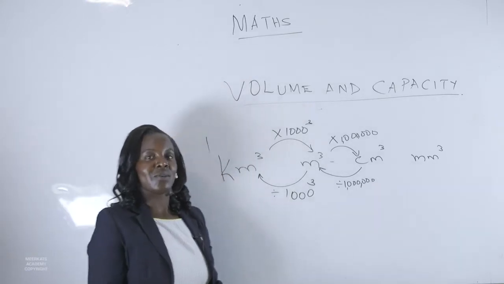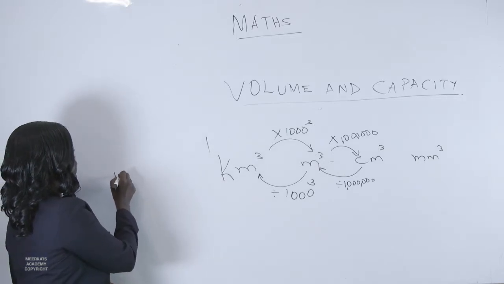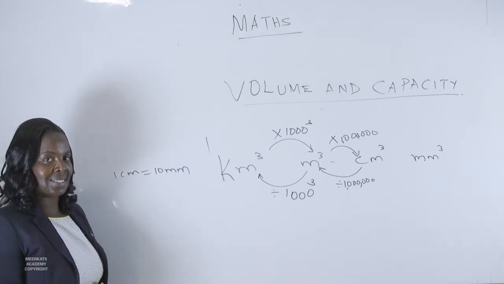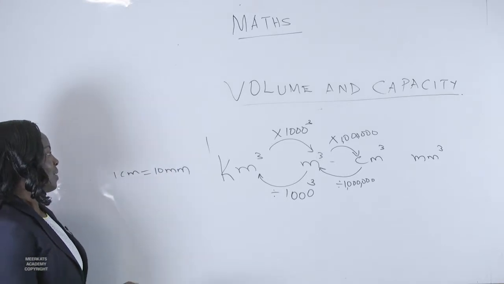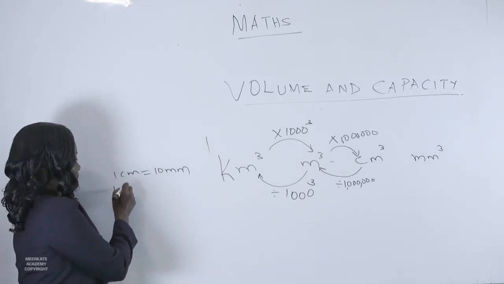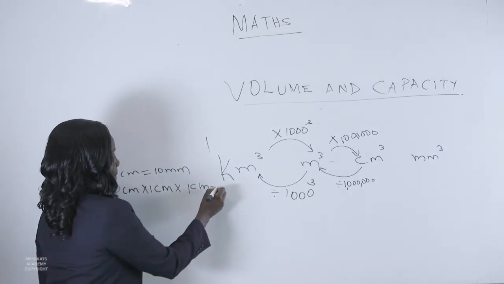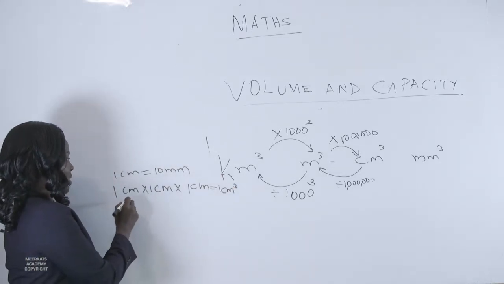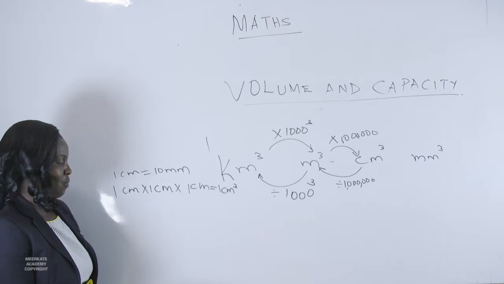What about centimeters, or cubic centimeters, to cubic millimeters? We know that 1 centimeter in the units of length contains 10 millimeters. If we are using cubic units, then 1 centimeter times 1 centimeter times 1 centimeter will be equal to 1 cubic centimeter.